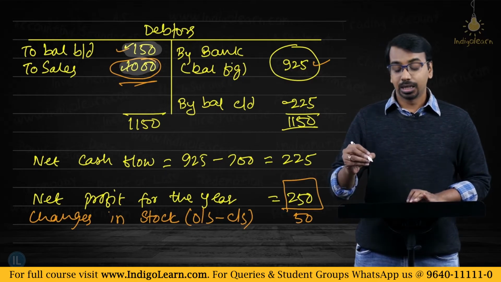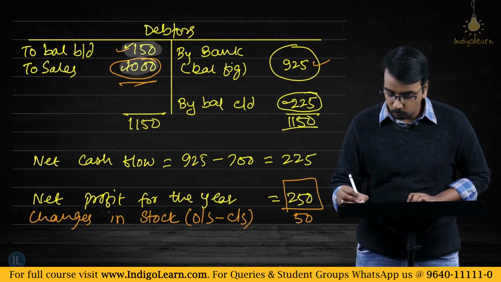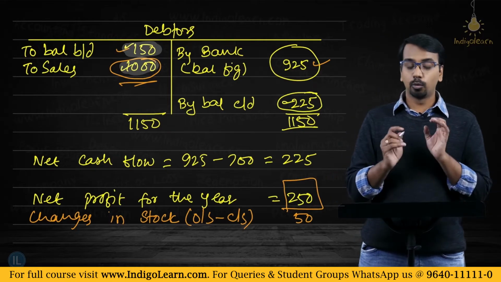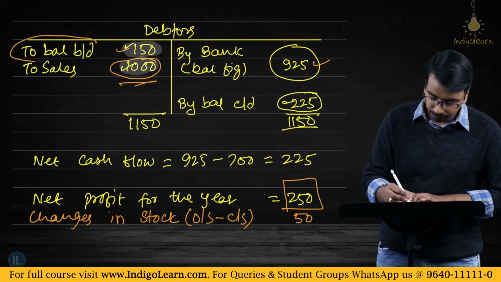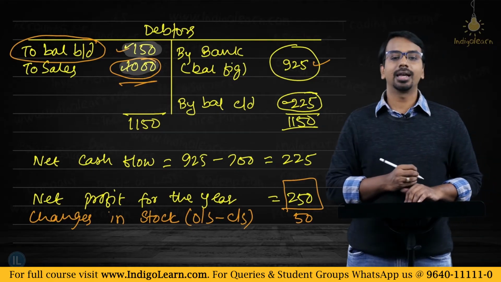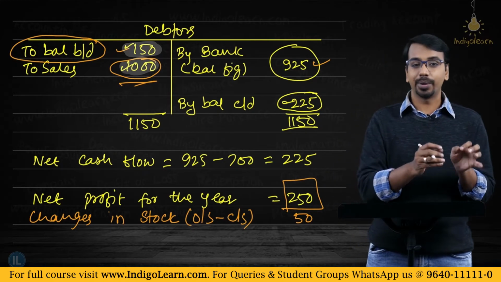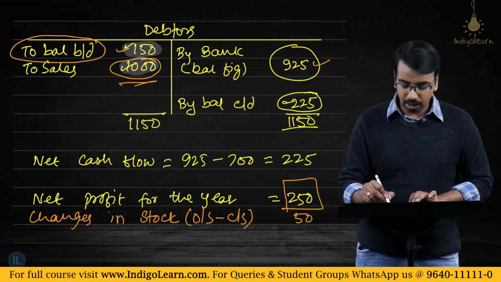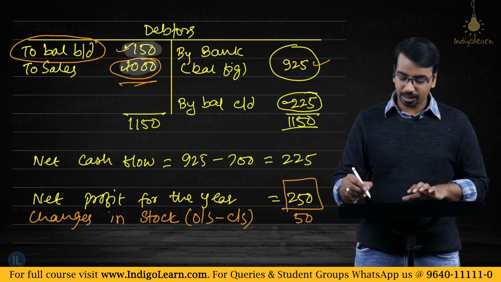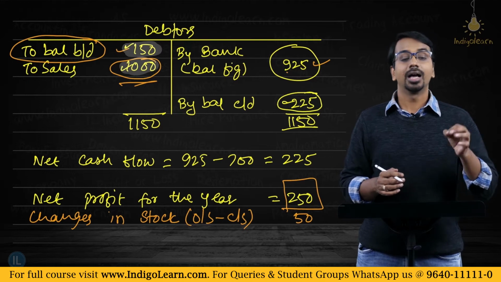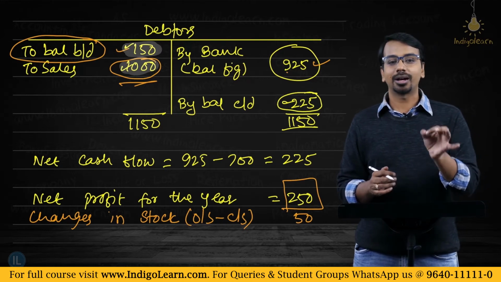Now we have a closing balance of 225. Now for a moment let us assume that this 150 in entirety has been collected from the debtors. So whatever was the opening balance, the debtors have come and paid us. I am just giving an assumption, right? Now if 150 has been collected from the debtors, out of this 925, how much has been collected towards the current period?